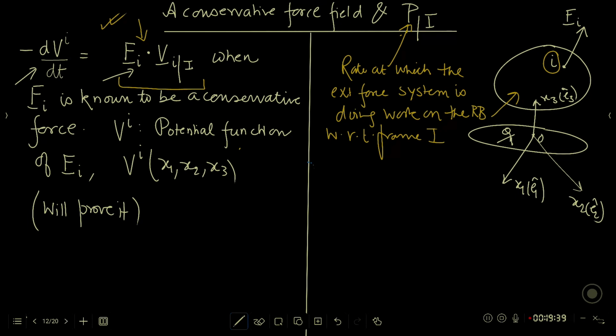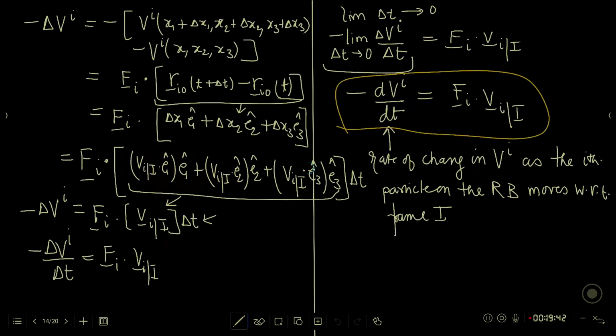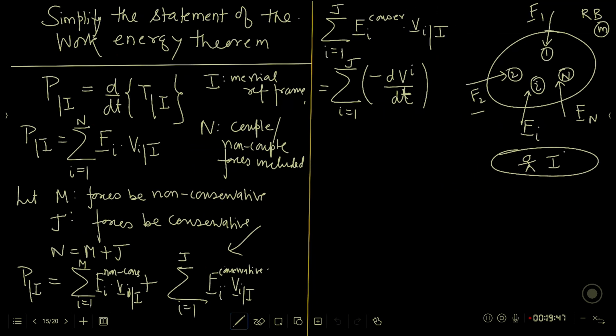That's what I am writing here, where Vi is the potential function of the ith conservative force, and these potential functions may be very different functions.